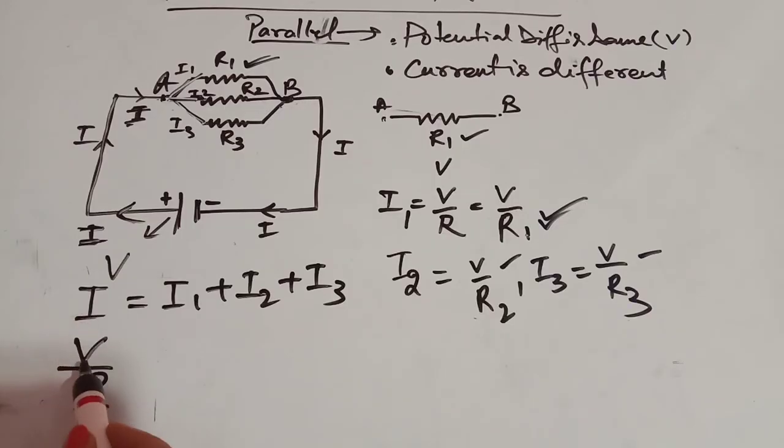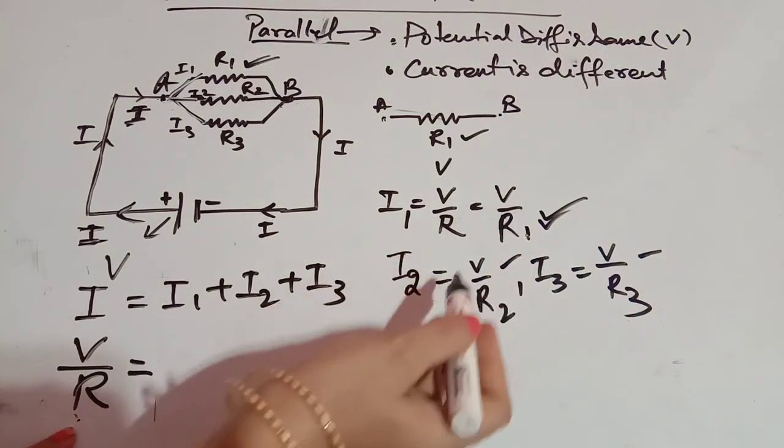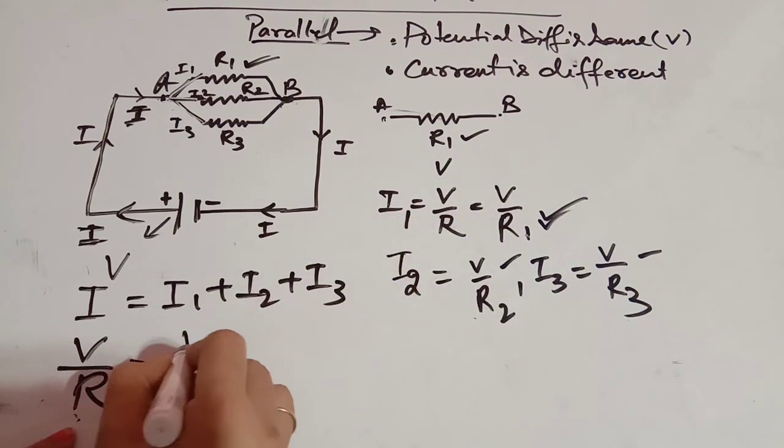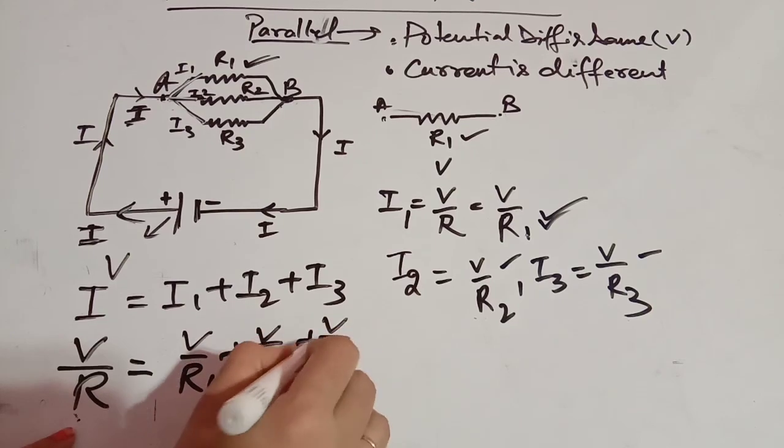Now I is equal to V by R, where V is the potential difference across the ends of the diagram and R is the equivalent resistance. So it is equal to I1 plus I2 plus I3. Now put in the values of I1, I2, I3: V by R1 plus V by R2 plus V by R3.